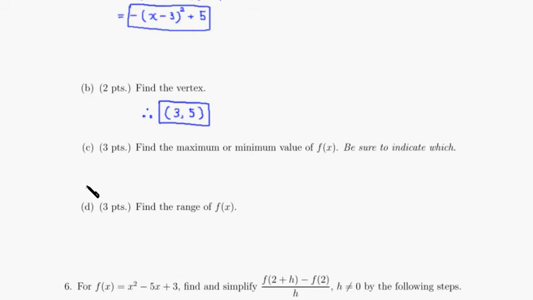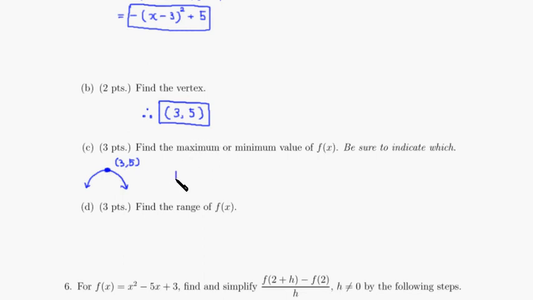So we're looking at a ballpark image of a parabola looking like this, and this is the vertex, which is (3, 5) that we just found in part B. The vertex is going to be the highest point, so we have a maximum value.